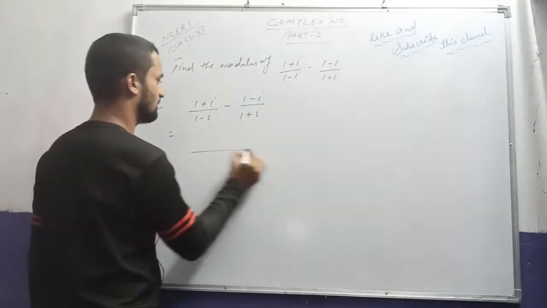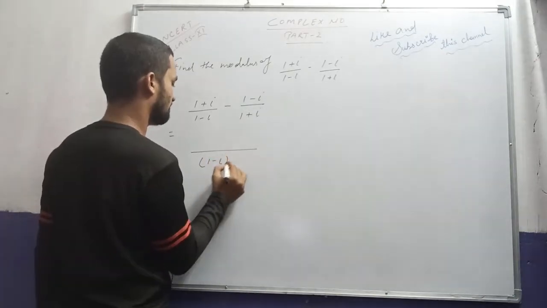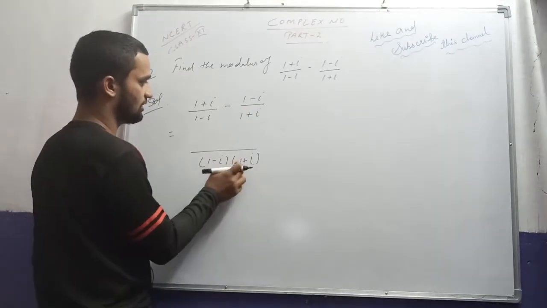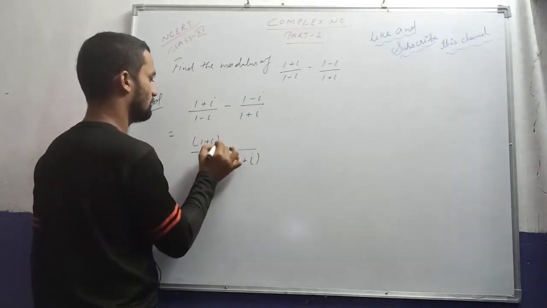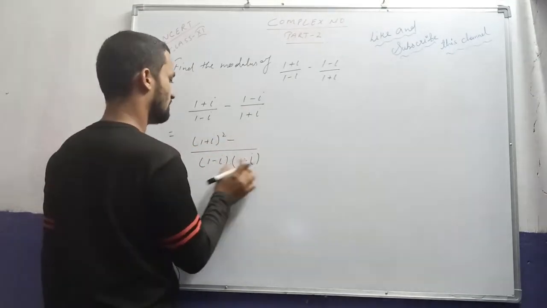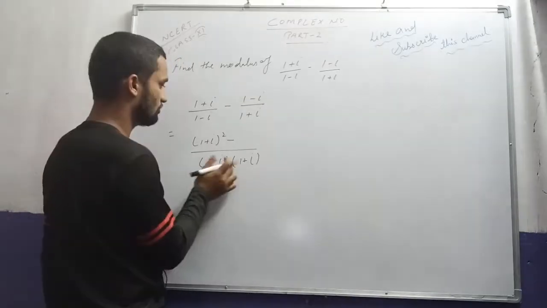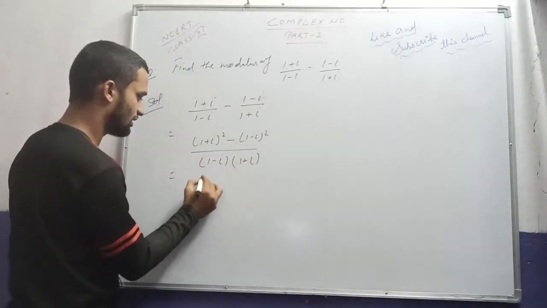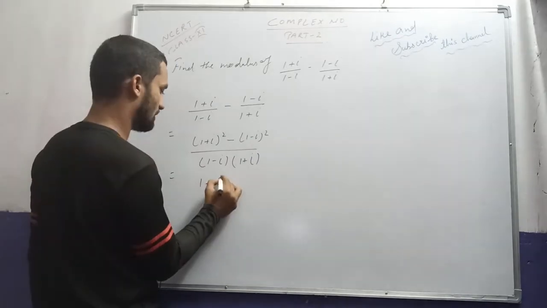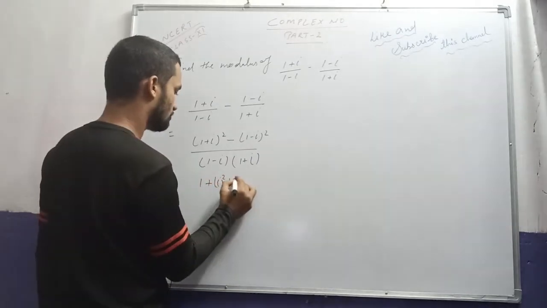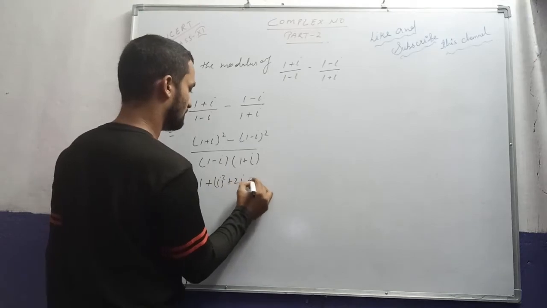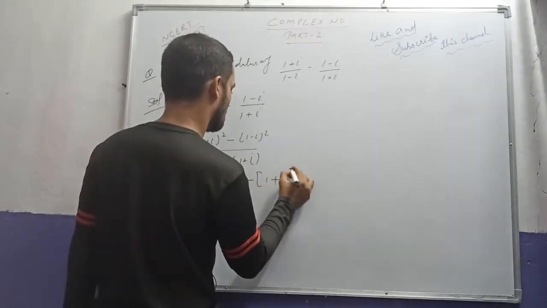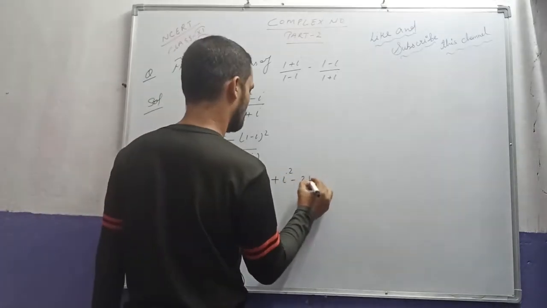Directly we can start with the LCM, it is better. Firstly simplify. Okay, minus minus will cancel out, so 1 plus i whole square, minus, plus plus will cancel out, so 1 minus i whole square. So a square 1 plus b square i square plus 2ab 2i, minus a square 1 plus b square i square minus 2ab.